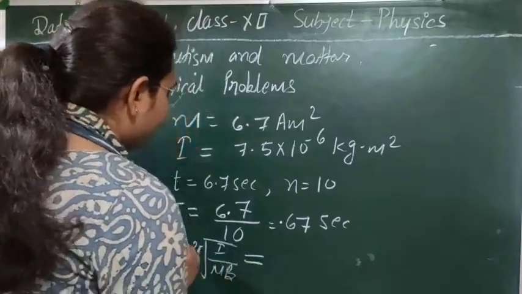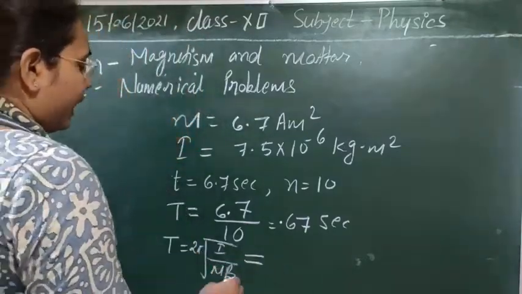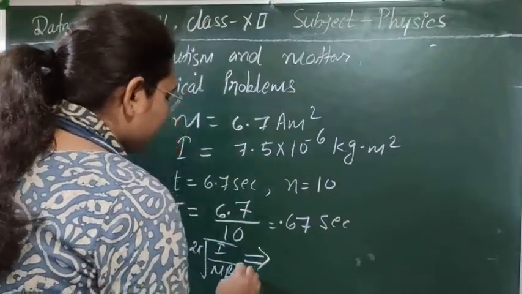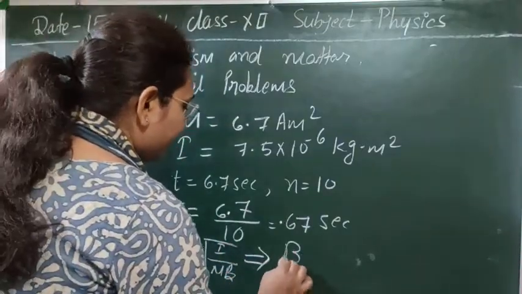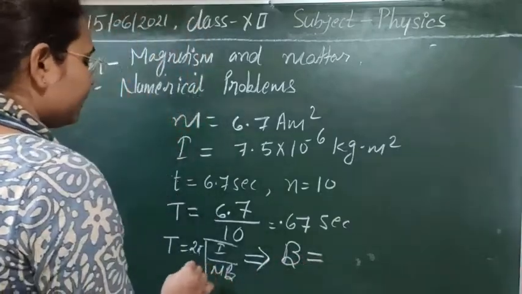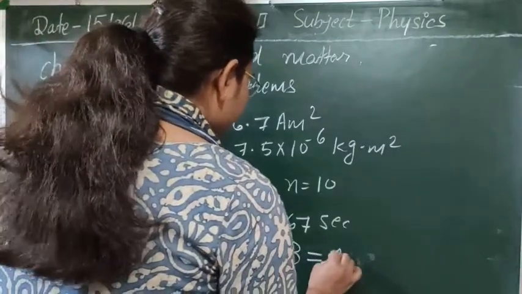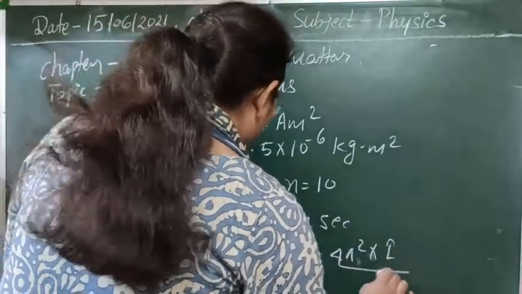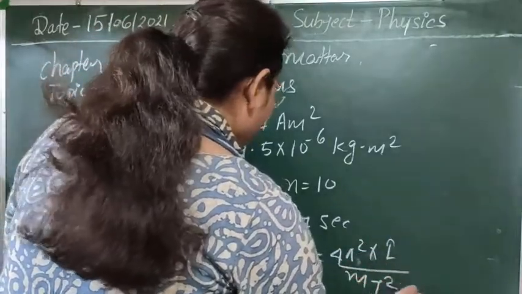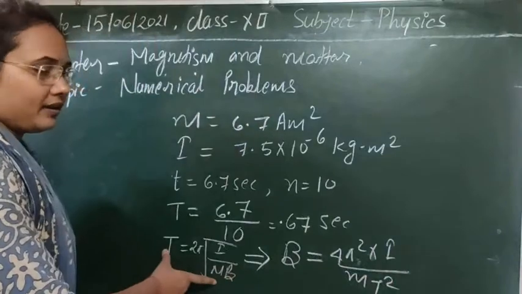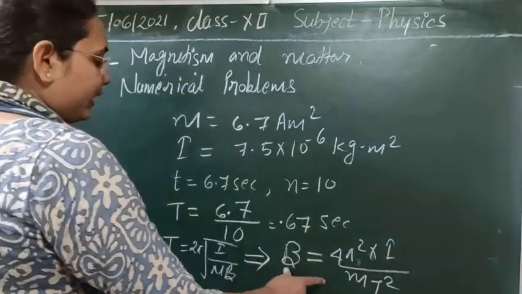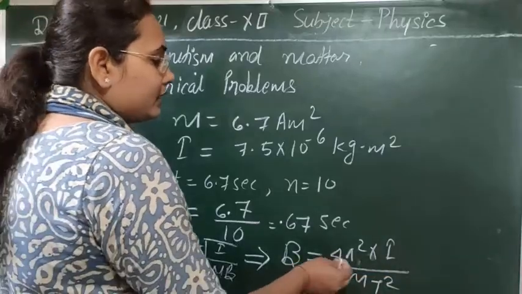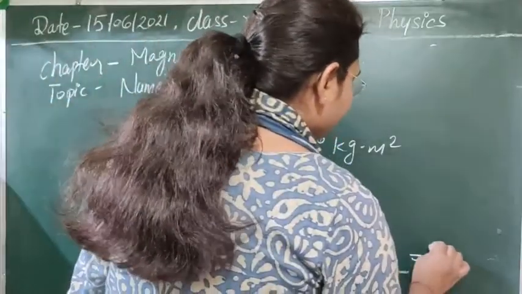So let's put in the values of all the factors that are given already. As we have to find B, we can calculate it as B equals 4 pi square I upon m T square. Just take the square on both sides, and after that take B on this side and arrange it this way. Then let's put the values here.